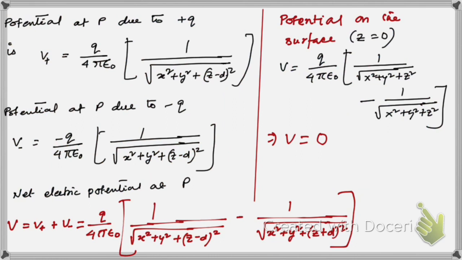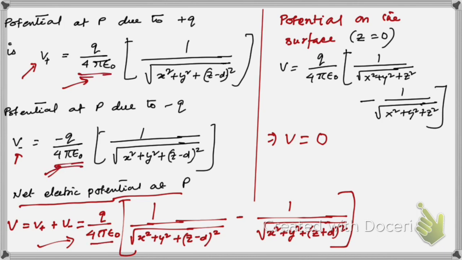So potential due to Q positive charge is given by this expression, and due to negative charge is this, right? And net electric potential at the point is given by this expression. So what we have done, we have taken this Q by 4 pi epsilon naught common from these two, right? So here is the expression. Now we need to find the potential on the surface.